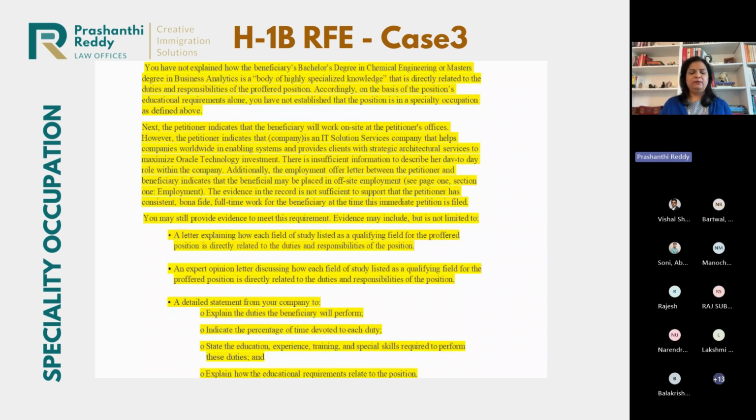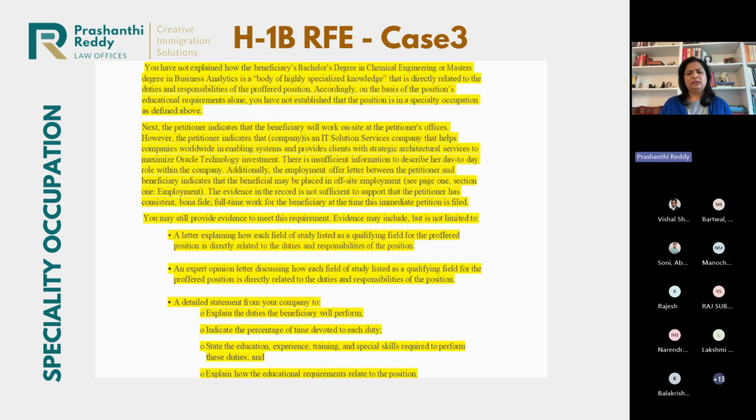In addition to that, we also submitted an expert opinion evaluation from a professor who again explained how the degree is related and how the position is a specialty occupation, and why the job duties require a person to have a bachelor's degree in computer science or related, or business analytics or related.